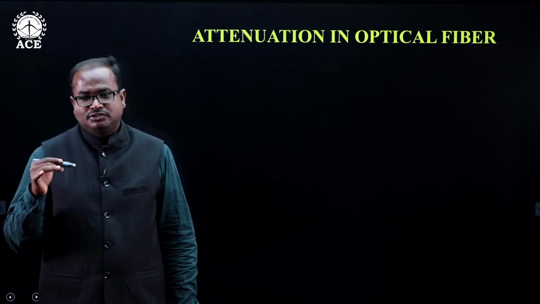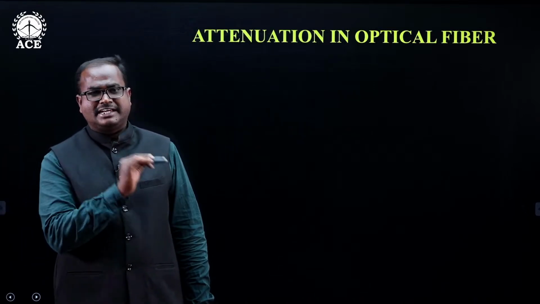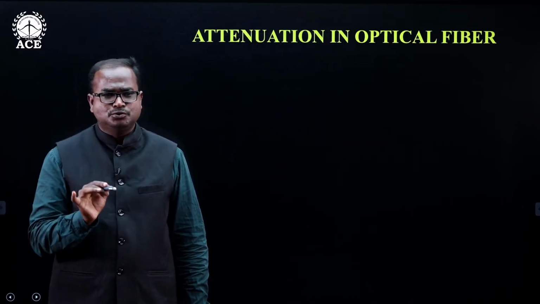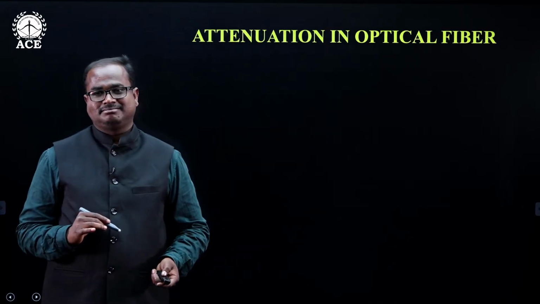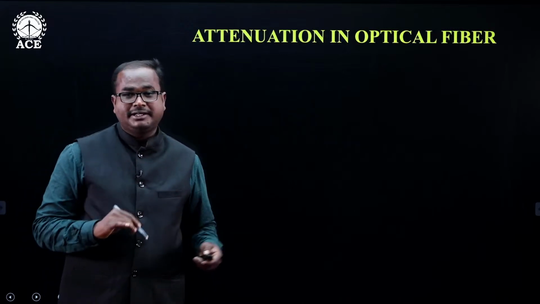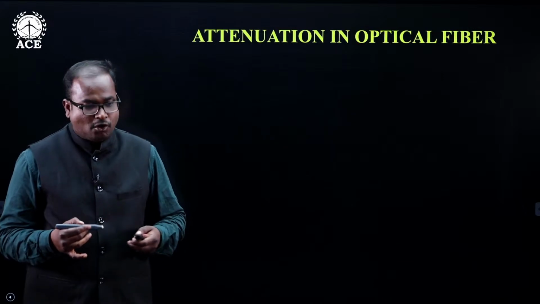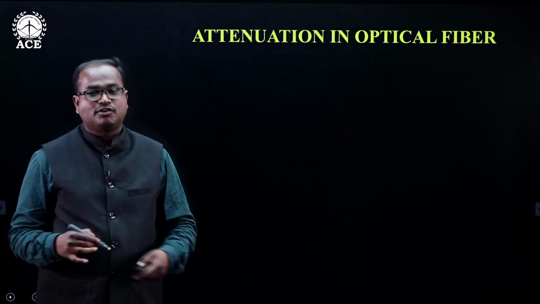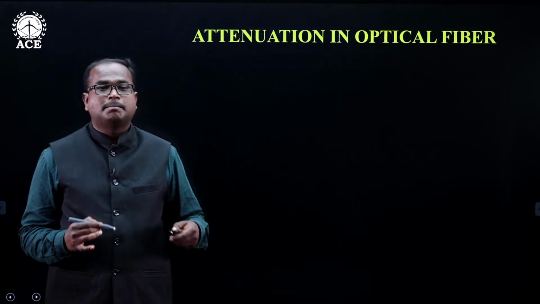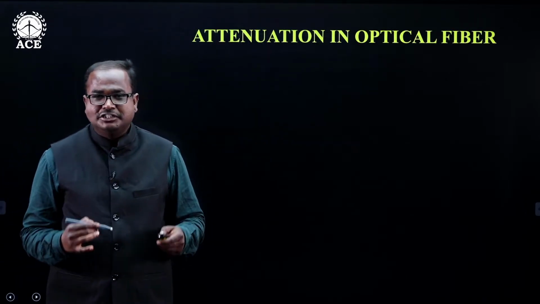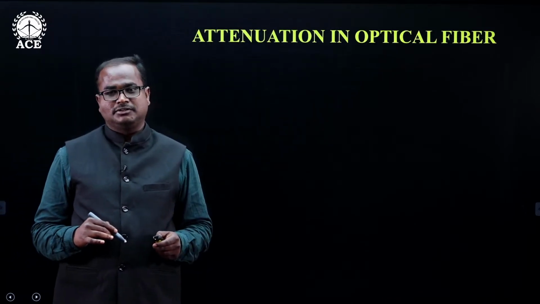Optical fibers are mainly used to carry information over very long distances, because if you use normal cables, power losses will be high. With copper cables, where electrical signals are used, power losses will be high. So instead of copper cables, we prefer optical fiber cables.